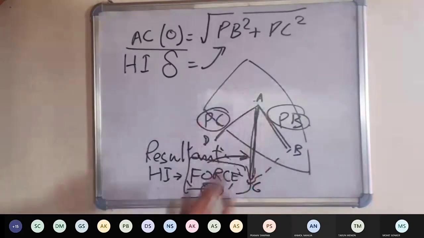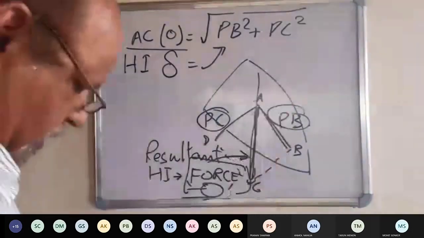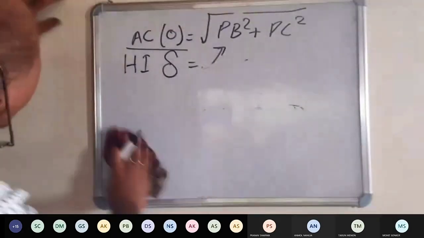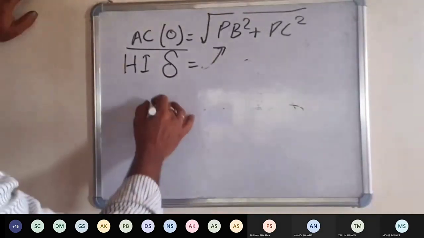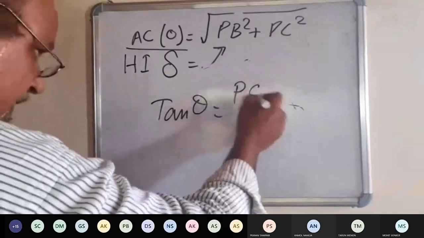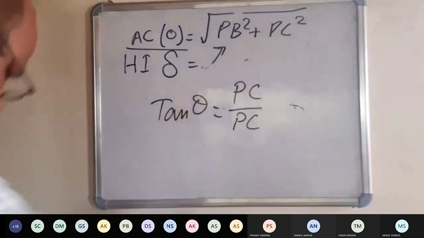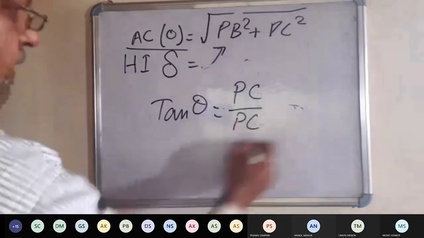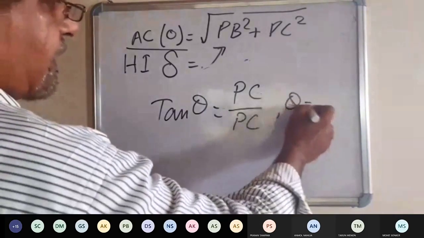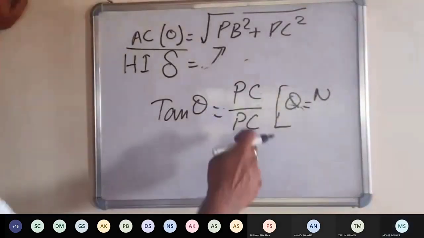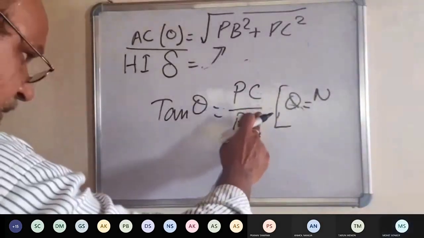From here, we can also say that the theta, the deviation that it is going to cause, is: tan theta is equal to PC by PB. Sir, PC by PB. Okay, sorry, PC by PB.